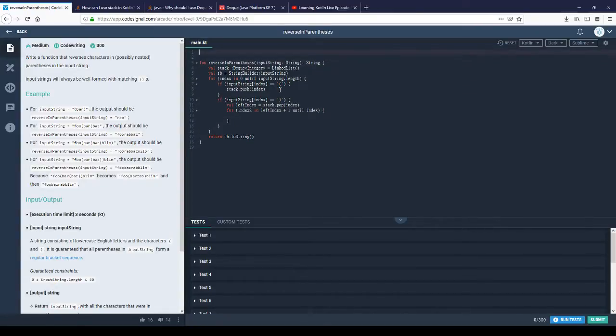Oh, I still remember that we have written an extension function for string builder. Swap.